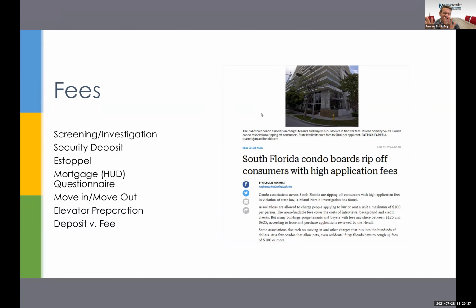My attorney disclaimer is, this is not legal advice. I don't want you to go back to your board and say, I met with an attorney, we have the authority to do X, Y, and Z. That wouldn't be appropriate. These things are very fact specific, so you definitely need to get with whoever your current counsel is.